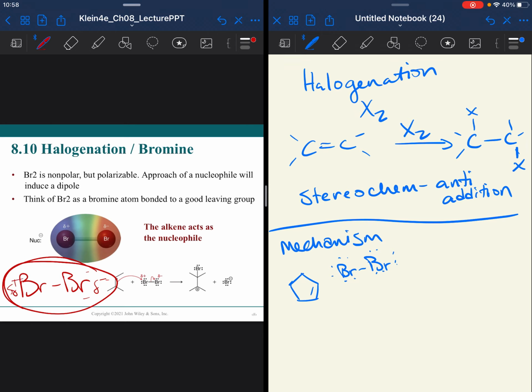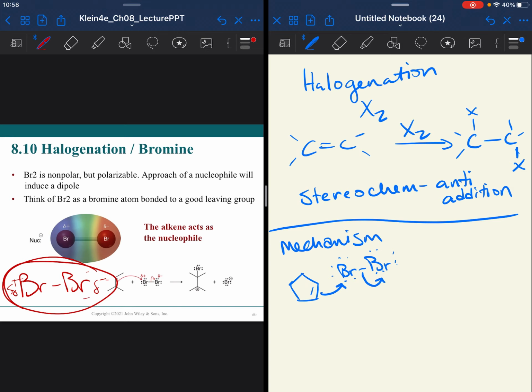A temporary dipole. And as a nucleophile approaches, as that electron density from the double bond approaches, the electrons in the double bond repel the electrons in the bromine molecule and induce a dipole. And so you do get a nucleophilic attack on one of the bromines in the Br2 molecule because of that temporary induced dipole moment. And it does cause this bond to break.